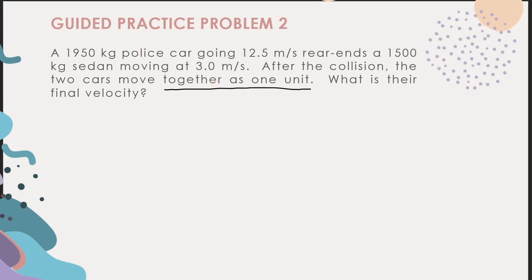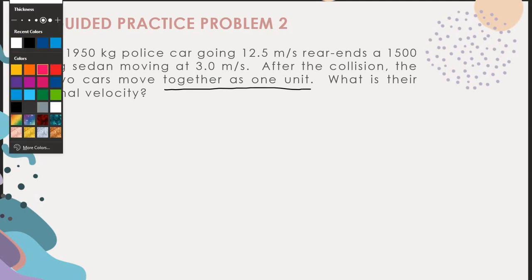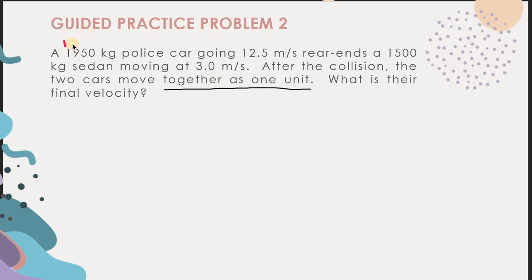So let's identify the given. Let's write here on top: this will be our M1 and this is our V1, and this is our M2 and this is V2. Of course, you may write it elsewhere.